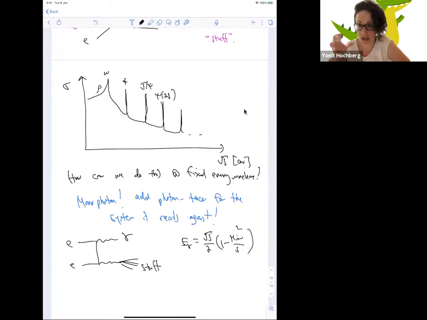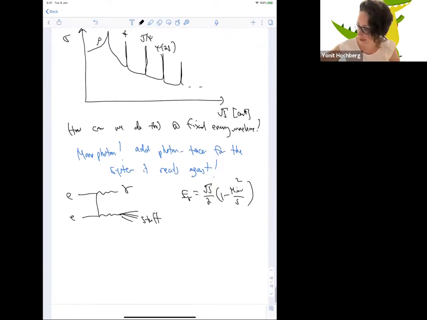It doesn't have to be hadrons of the standard model. It could be dark stuff too. If we look at monophoton events, we're able to understand the resonance structure of any stuff, including dark stuff that it scatters against. So we can do this exact thing for dark stuff too.